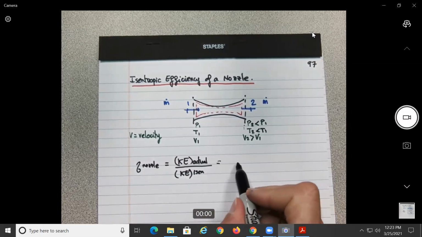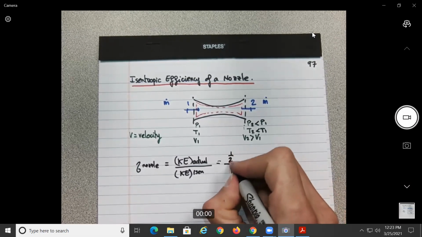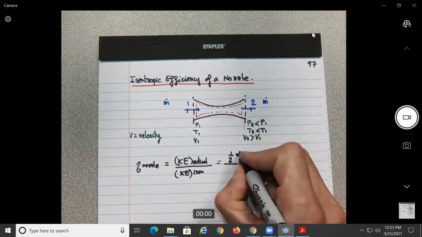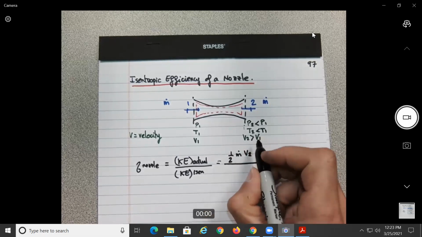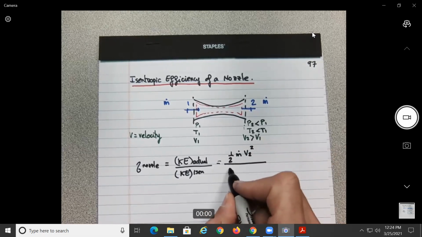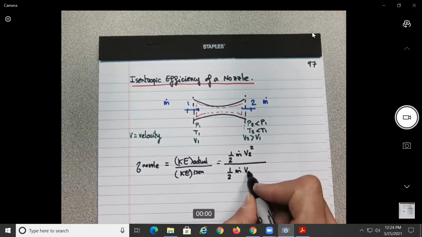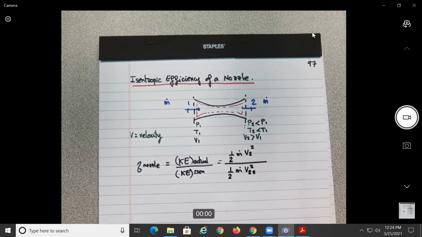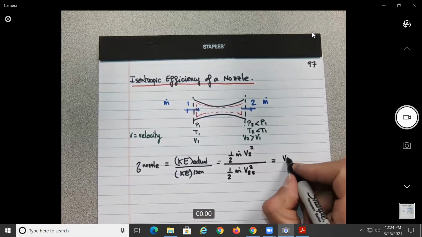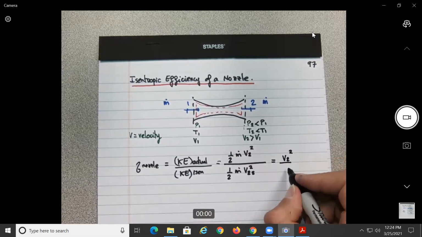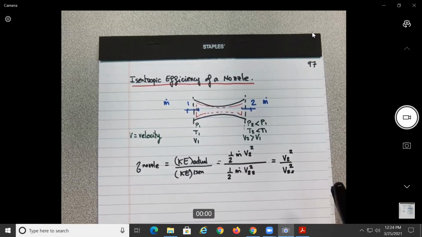So mathematically speaking, this will be 1/2 m dot v2 square divided by 1/2 m dot v2s square, which at the end would just be v2 square divided by v2s square.